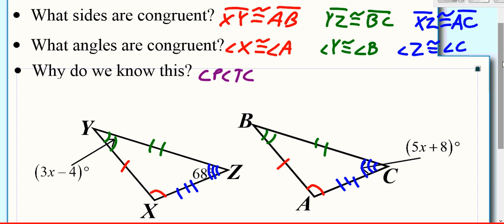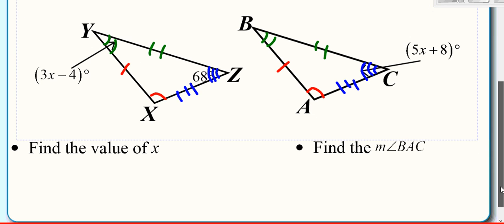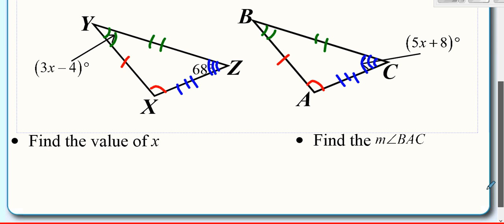So we just made some true statements about these, so we can actually now apply what we just said and write some equations and solve them out. Since we just said that angle Z and angle C were congruent, that means their measurements are equal. So that means that we can take this 68 degrees, and that's going to be equal to angle C, which is 5x plus 8.